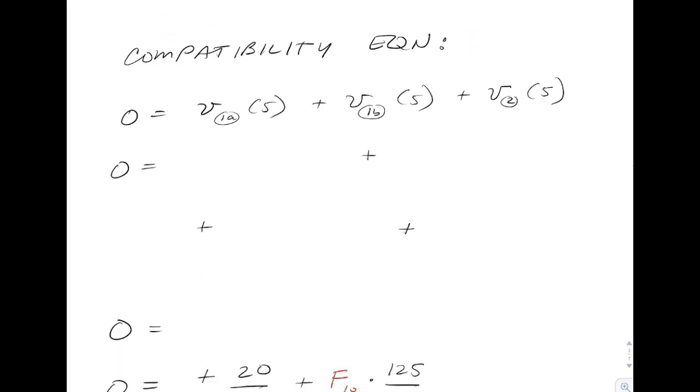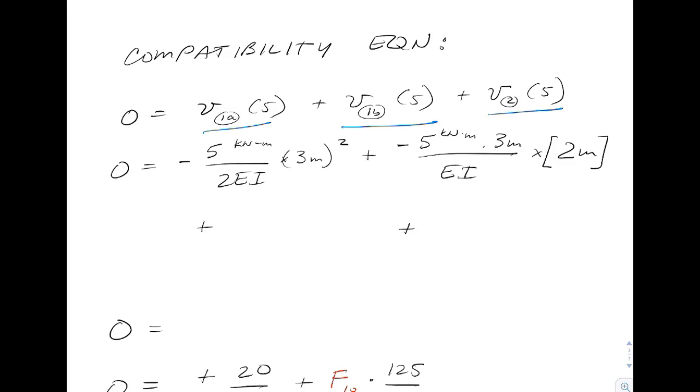We're going to add the deflection at 5: 1A plus 1B plus V2, structure 2, deflection at 5. The deflection in 1A is made up of 2 pieces.